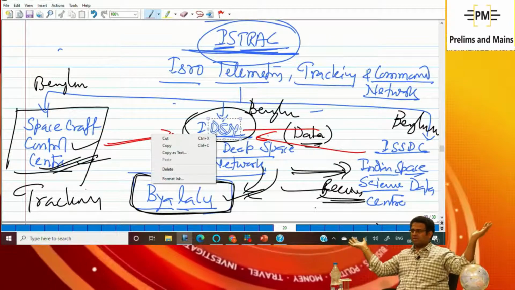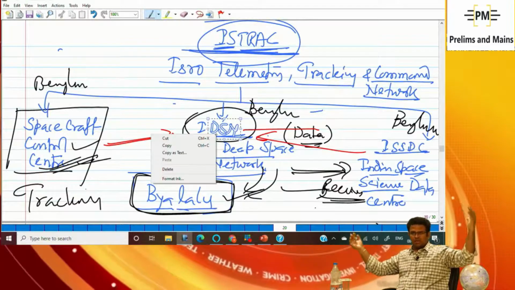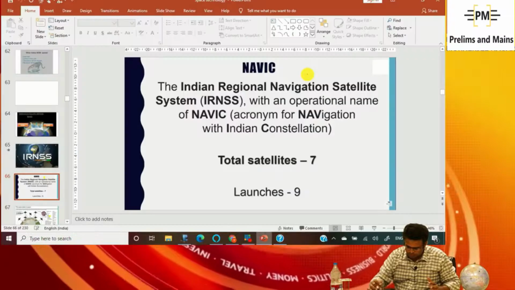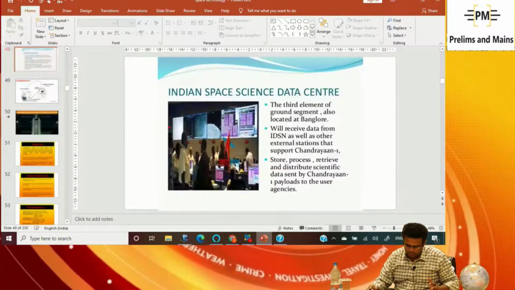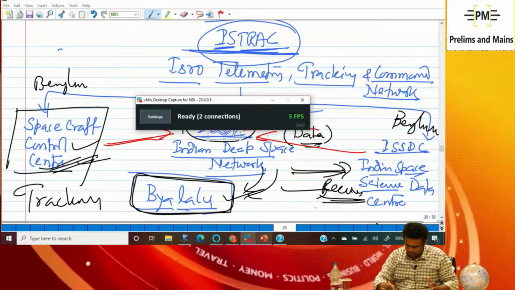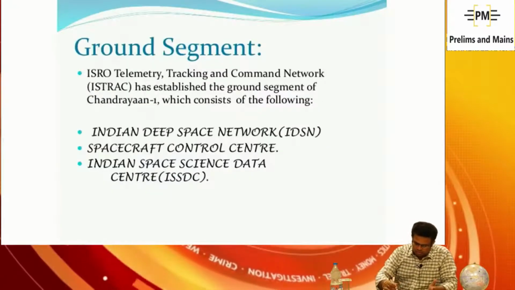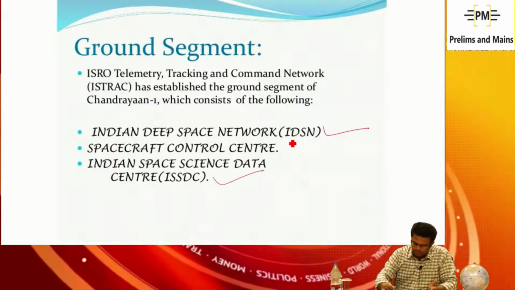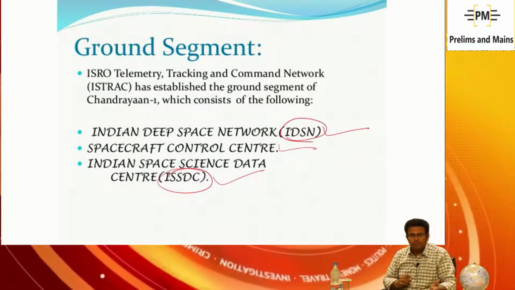Simple, I am telling you, it is a large antenna. There is an IDSN, there is an ISSDC and a spacecraft control center.